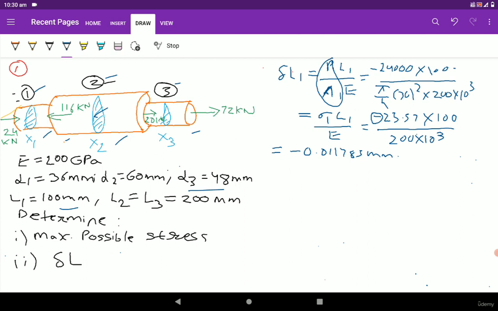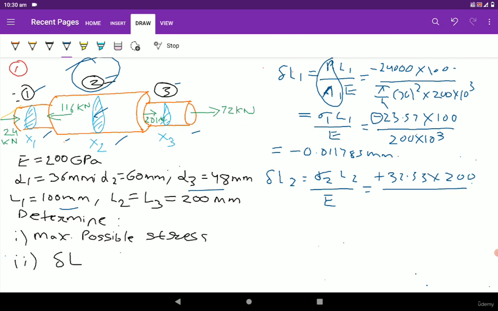Now let's calculate the change in length across section 2. Delta L2 is equal to sigma 2 times L2 upon E. Sigma 2 value is plus 32.53 Newton per millimeter square, that is megapascal, into 200 divided by 200 into 10 power 3.